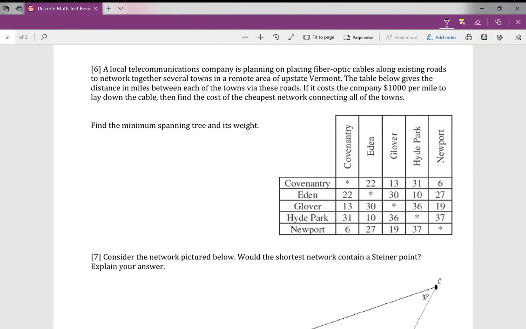Here we see we have a table, and it gives us the mileage between the different cities in this fiber optic cable network. So we should be looking for the smallest numbers. So I see 6, 10, and we can draw out this network. 6 connects Newport to Coventry.